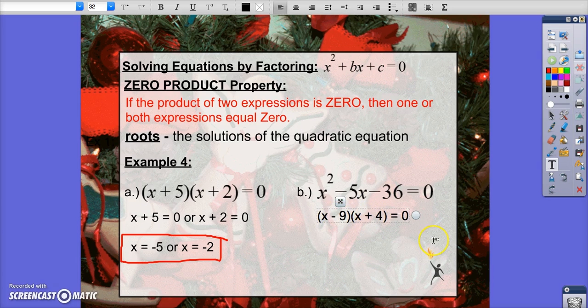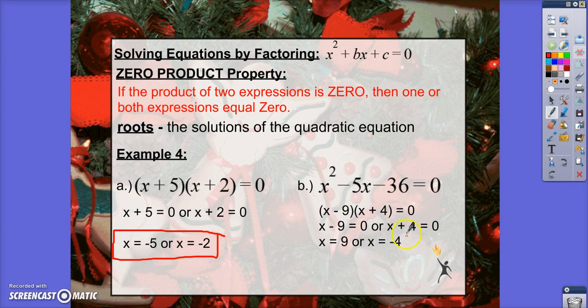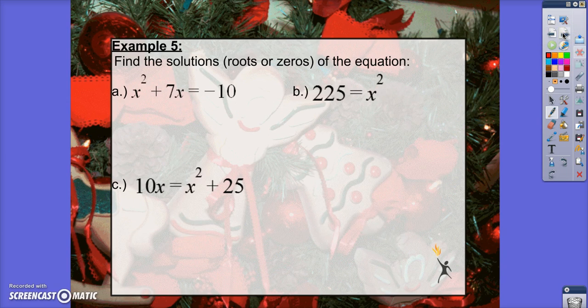Negative 9 plus 4 is negative 5. My answers are 9, negative 4. And that's it. So let's take a look at another one where you're solving it.